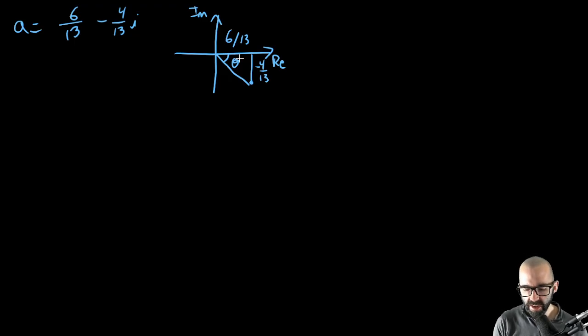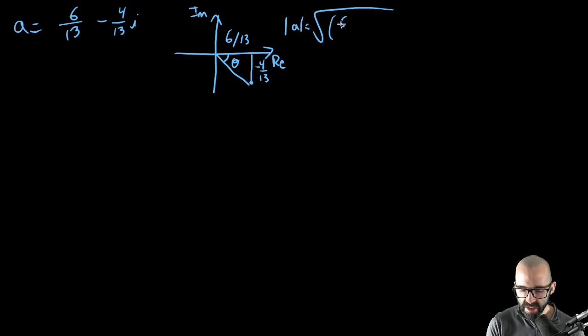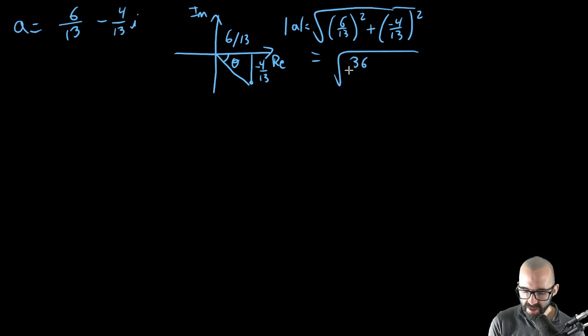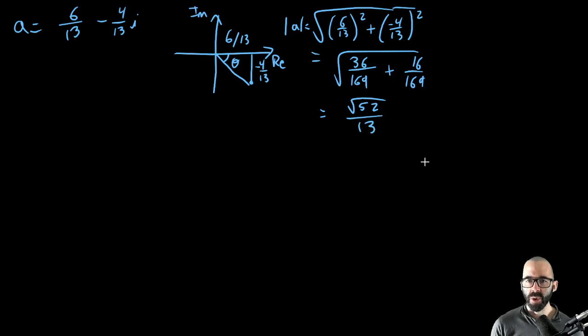So we use Pythagorean theorem to get the modulus. We'll look at the square root. This is the modulus of A. Square root of 6/13 squared. Oh gosh. Plus a negative 4/13 squared. I do not want to do this, but I will because I'm trying to model good behavior. 36 over 169 plus 16 over 169 is, hey, 52 has come back. Square root of 52 over square root of 169 is just 13.